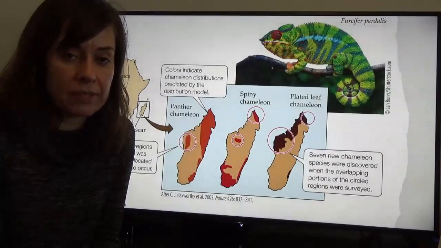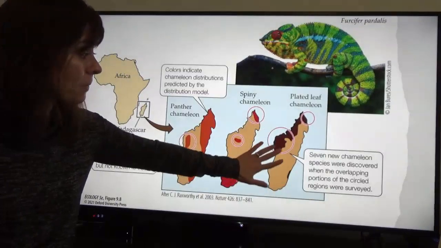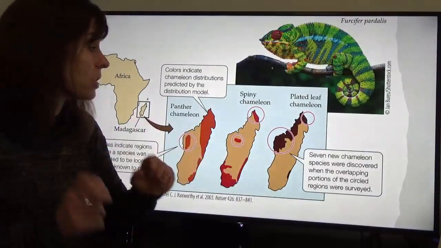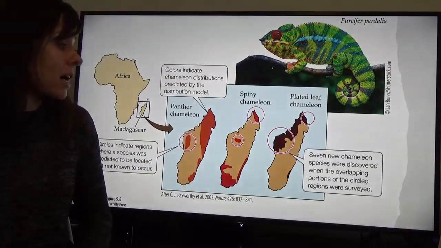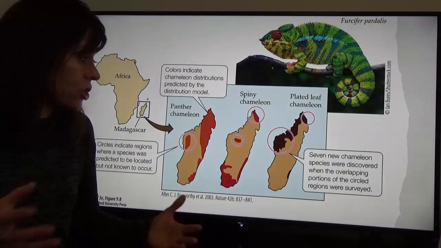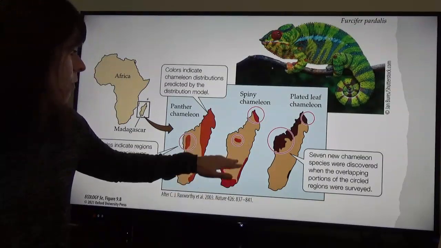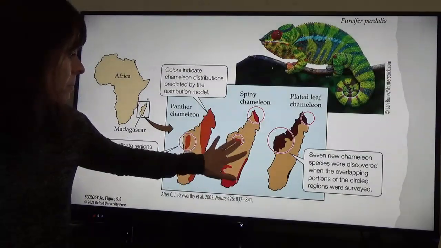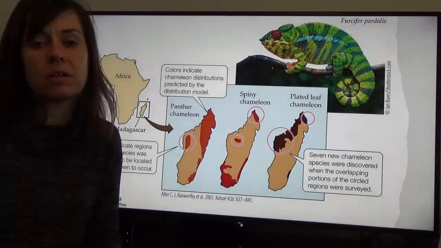Okay, and in addition to that, while they were out doing these surveys of this new territory for these different species, they identified additional species within those areas where there was overlap in these circles. A lot of additional species also use those areas.